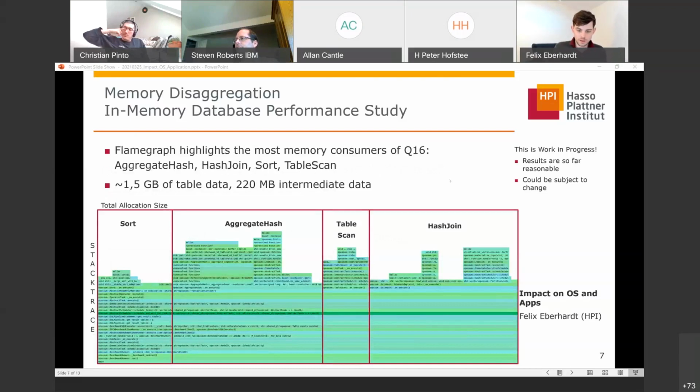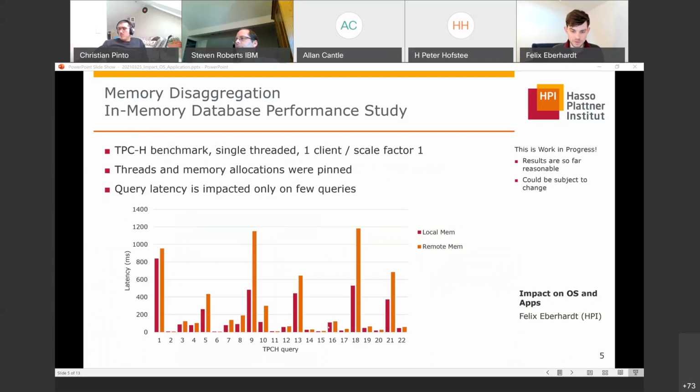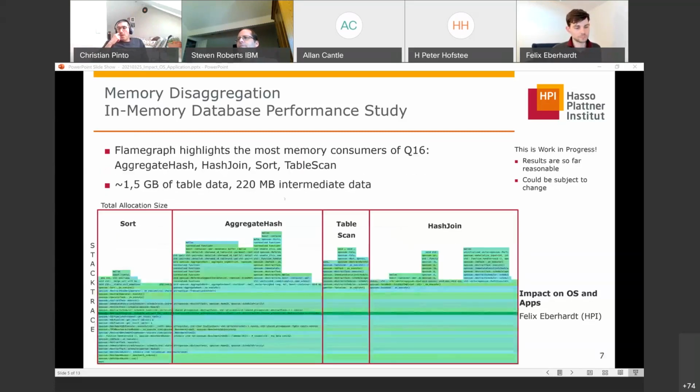So for example, with a scale factor of 1, we have roughly about 1.5 gigabytes of table data. And for example, for query 16, and let me quickly go back. Query 16, first, you can see it's nearly not impacted, which is good. However, we see that at least for our runs, query 16 was the one with the most intermediate memory needs, the most intermediate allocations.